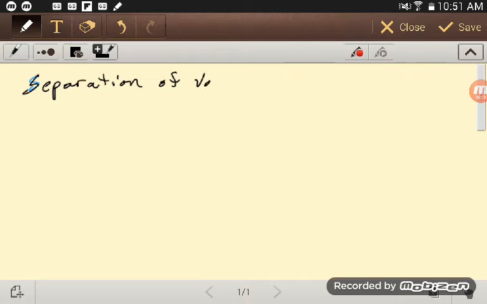Okay, so this is a separation of variables example. I do the same thing in Sage, but I'm looking at, in this case, a pretty straightforward one.